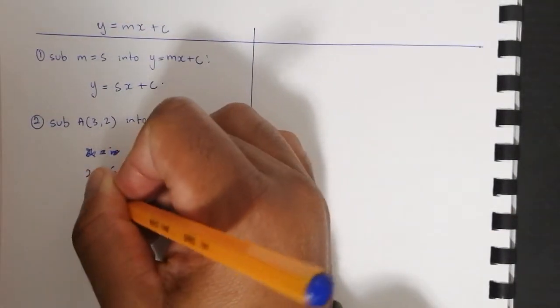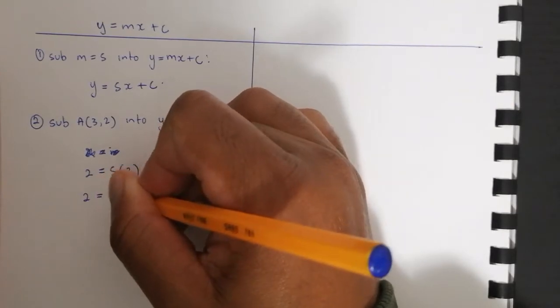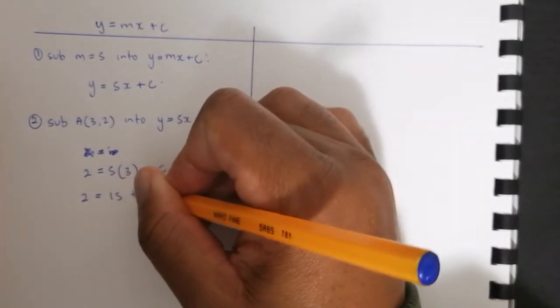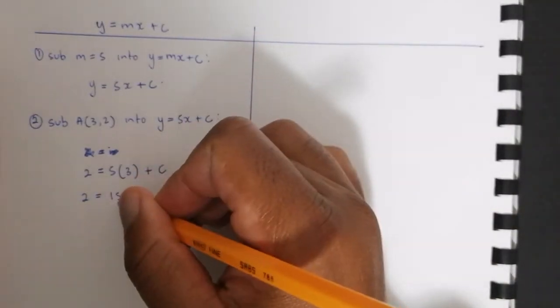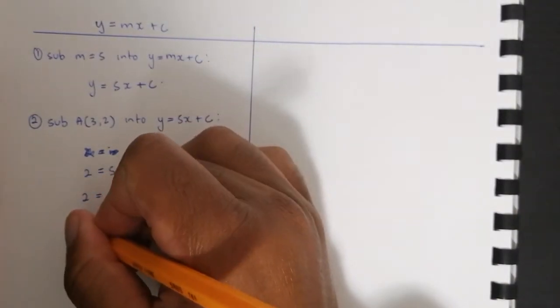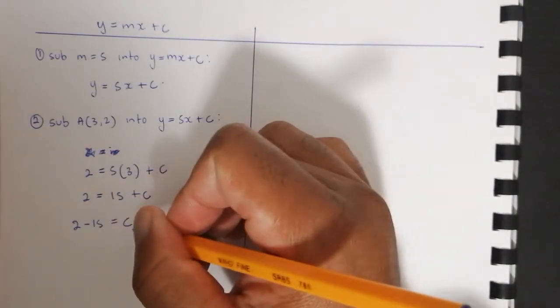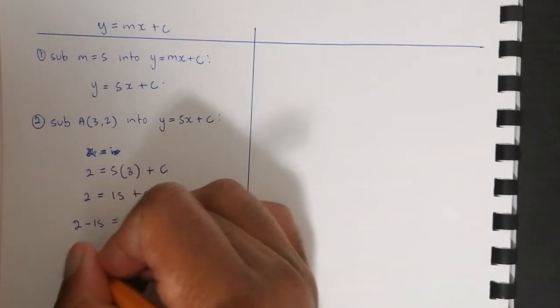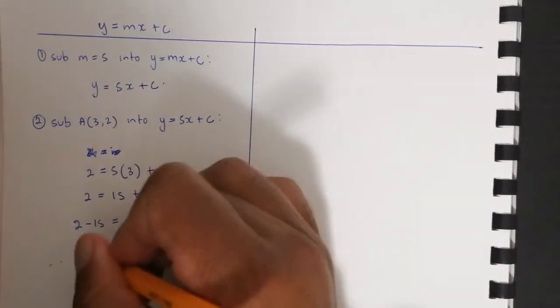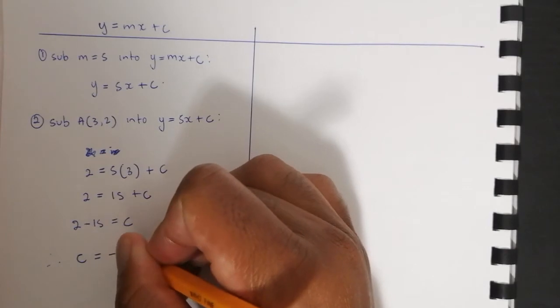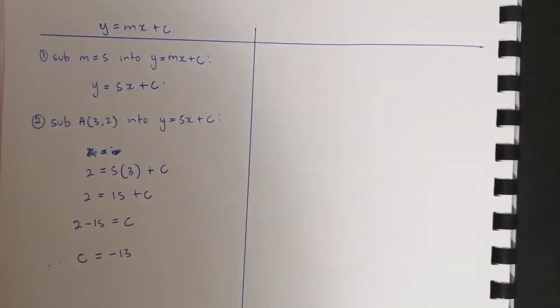That gives us 2 equals 15 plus c, and then take 15 to the other side and we have 2 minus 15 equals c. Therefore c equals minus 13.